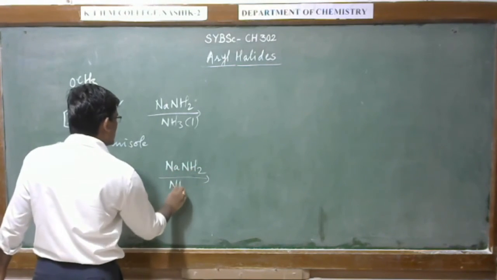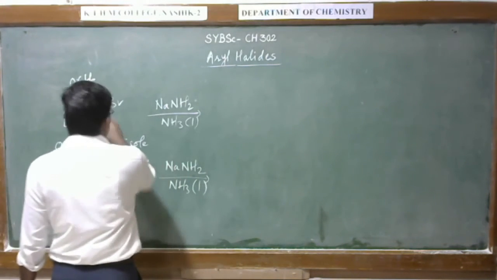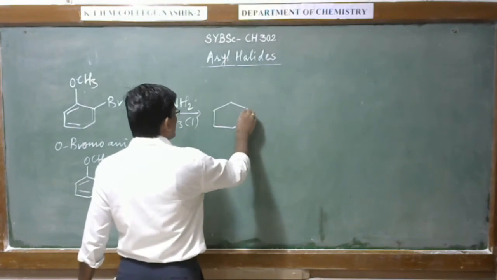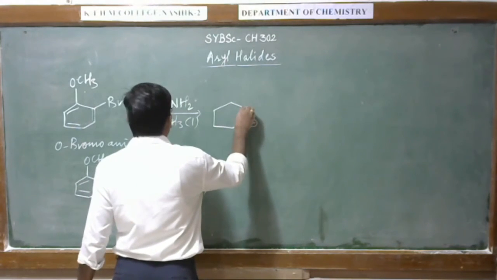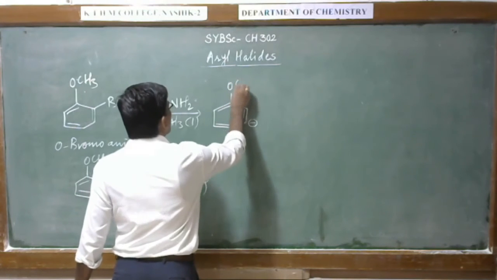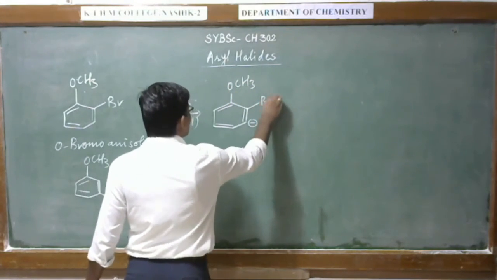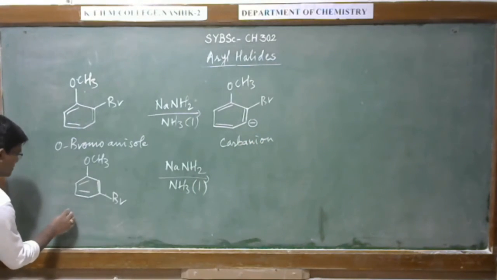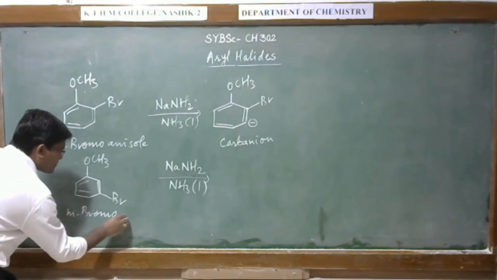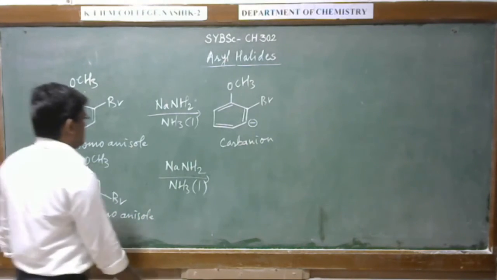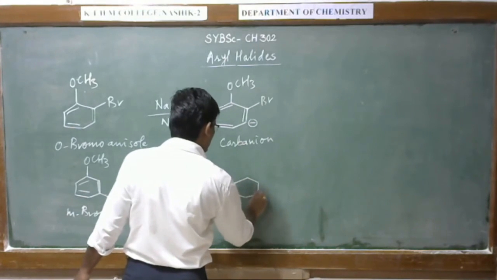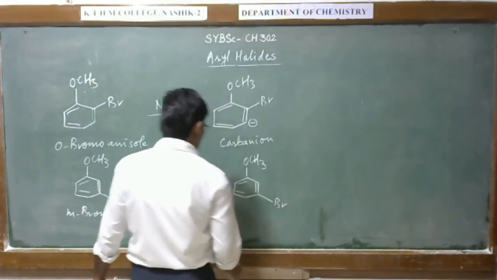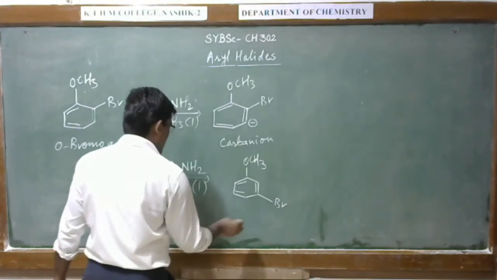Sodium amide and liquid ammonia gives this carbanion, and this meta bromoanisole gives two carbanions.